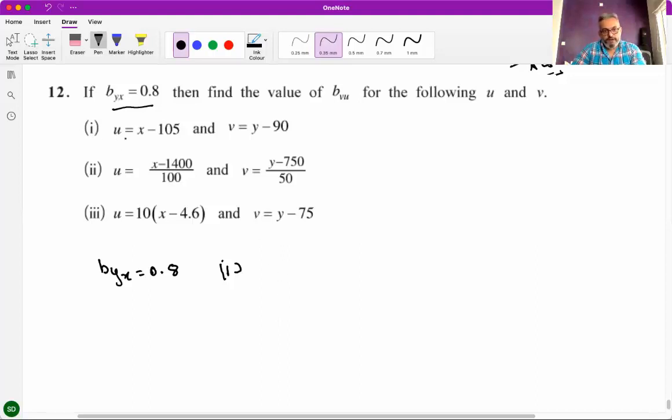Now in first one directly it is given u is equal to x minus 105, so upon 1, y minus 90, so upon 1. So c of x is equal to 1 and c of y is also equal to 1. Therefore, b v on u is the same as 0.8.